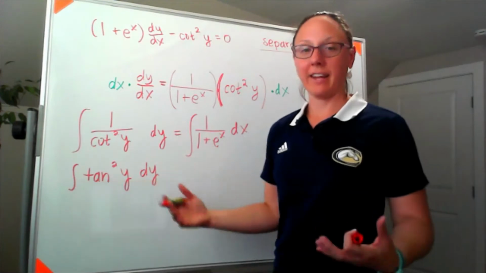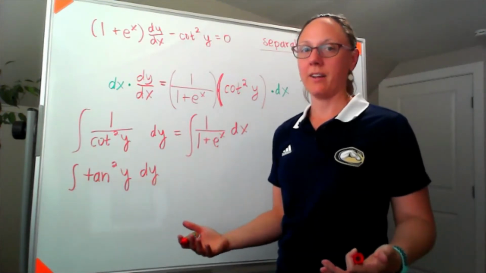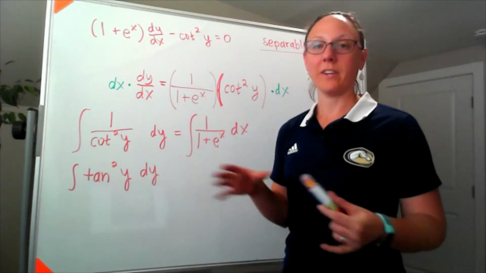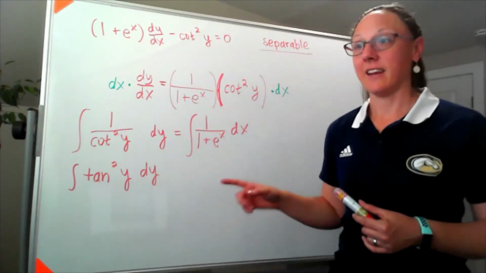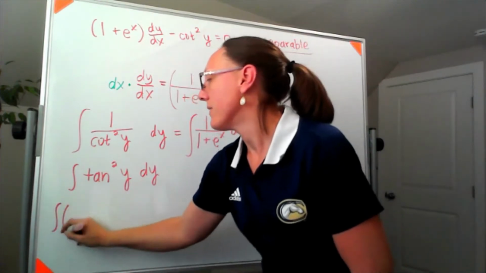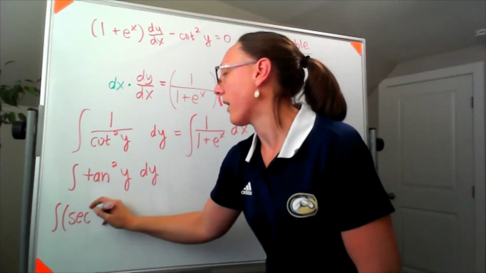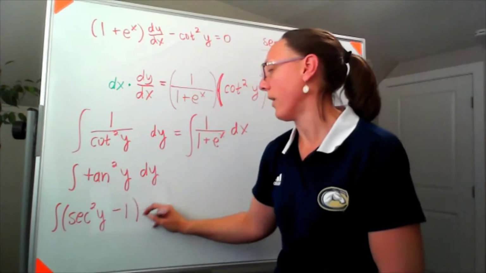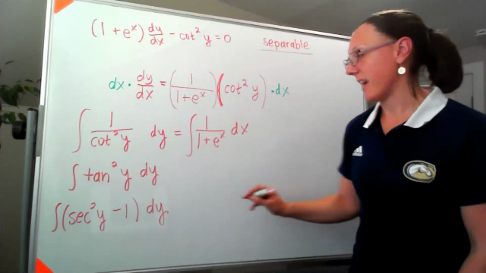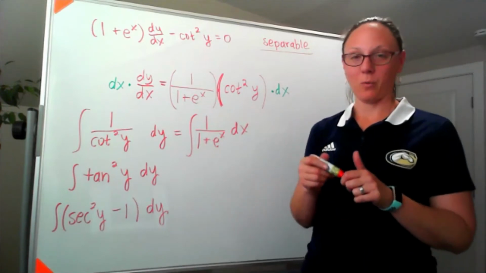We don't have a nice integral for tangent squared, but we do have a nice integral for secant squared. So we're going to want to use that trig identity that I mentioned before and switch tangent squared y to be secant squared y minus 1.